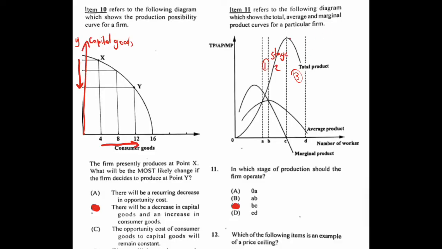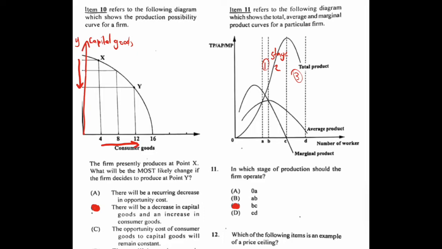It's because there's a decrease in total product, further decrease in average product, and even marginal product has gone negative in stage 3, where CD is. So it's not efficient to actually operate in stage 3. It's not efficient to operate in stage 1 because everything is still not utilized to the maximum.